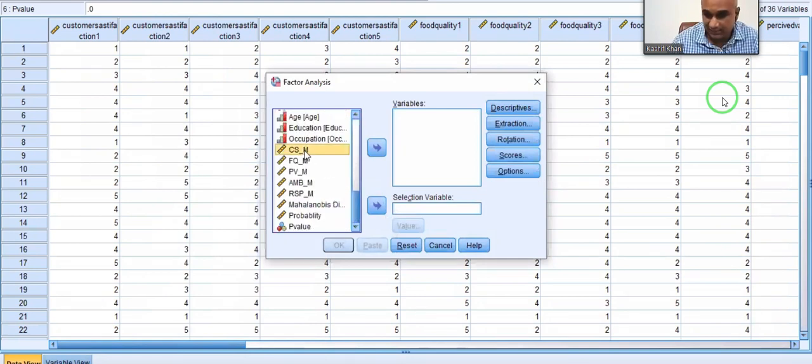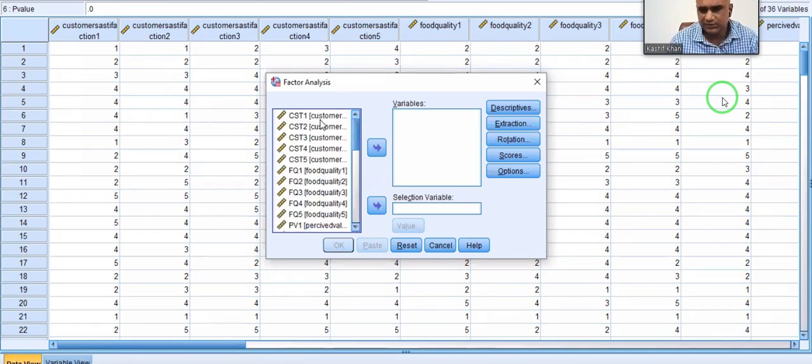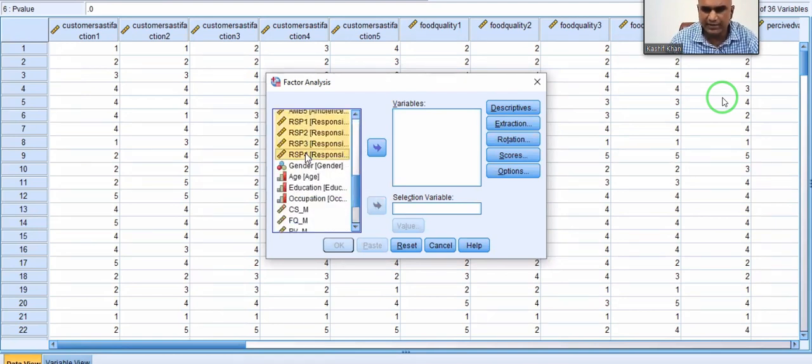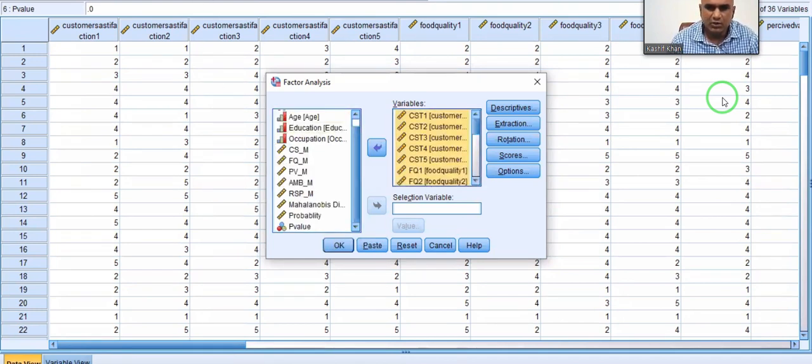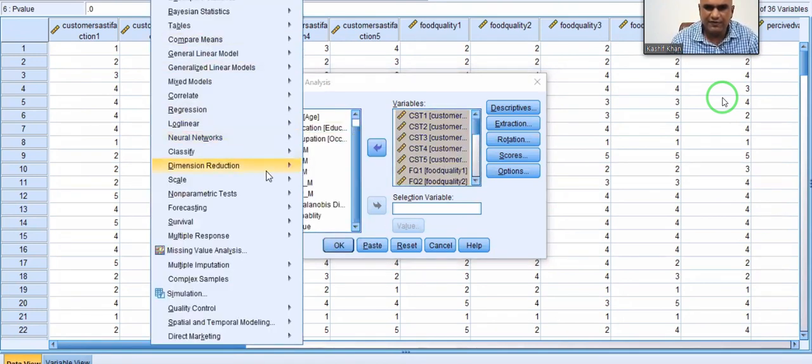If you want to do that through mean value, you can, but for me, I would prefer this way. Some people prefer with mean value, right? And I'll show you both ways. Let's do this. I'll select all my items. I don't need gender and age, and I'll put them in factor here. Look what I did. Analyze, dimension reduction, and factor.